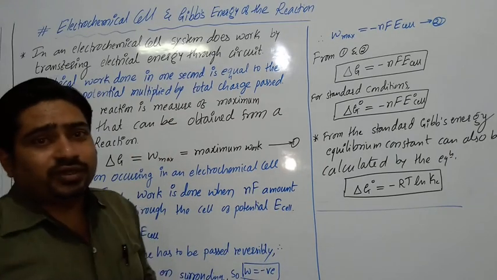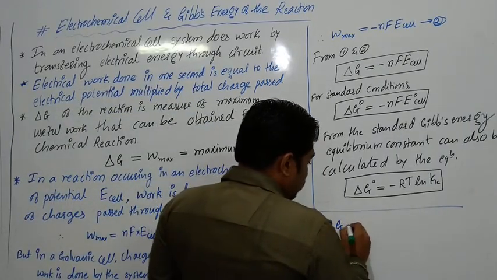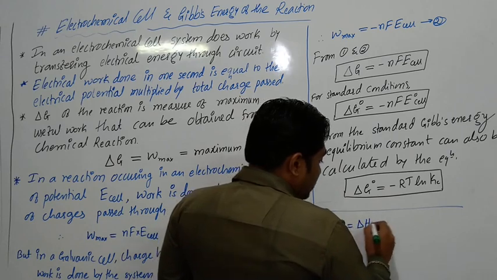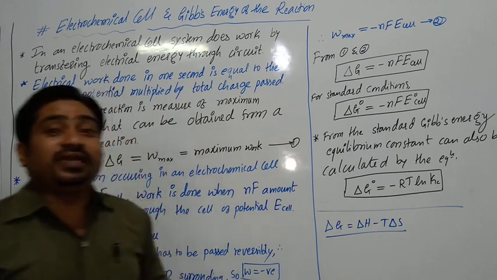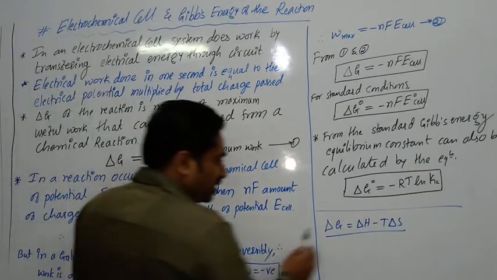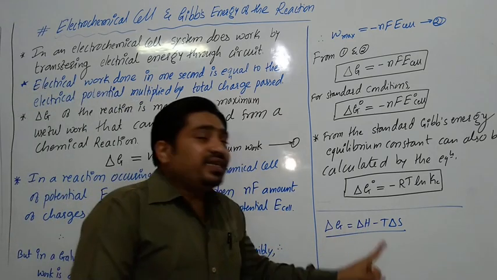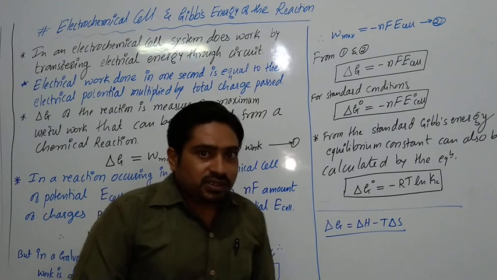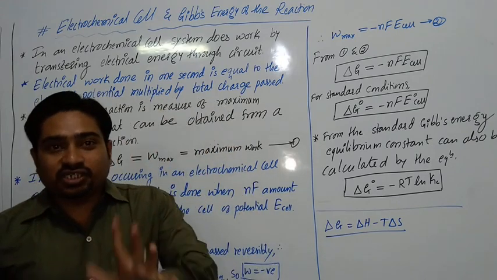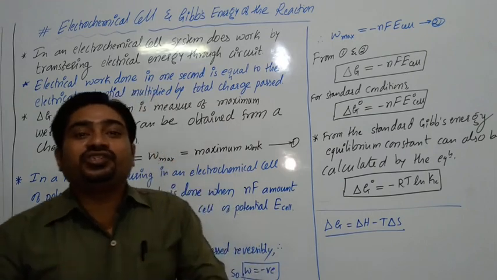What is the formula to calculate Gibbs free energy? You might remember that delta G is equal to delta H minus T into delta S. Here delta G is the Gibbs free energy, and delta H is the enthalpy of the system. Enthalpy is the total heat content, the total energy of the system.